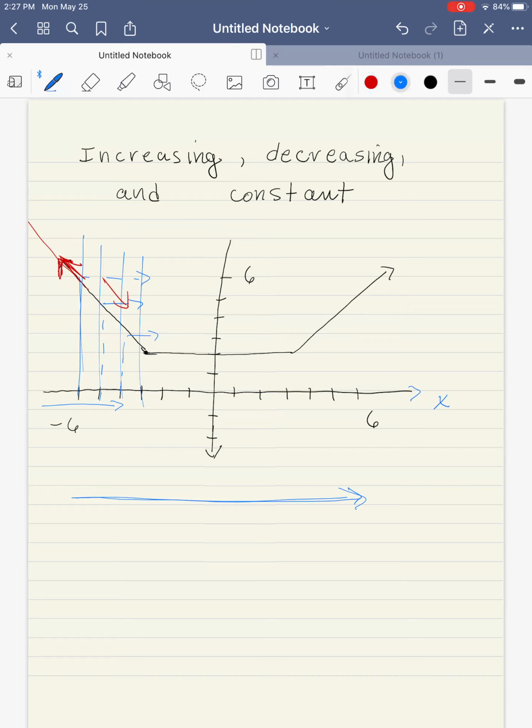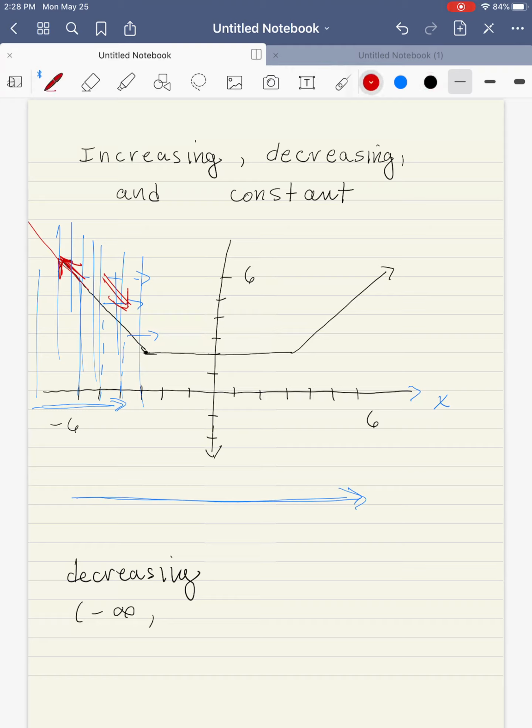But when we're talking about increasing and decreasing, we're always moving from left to right on the x-axis. What is y doing? So we see y is decreasing here. So this function is decreasing, and it started out here at negative infinity. So it's decreasing from negative infinity.